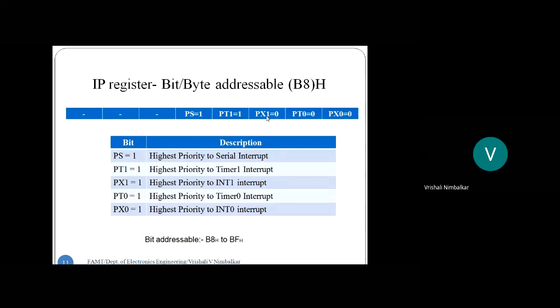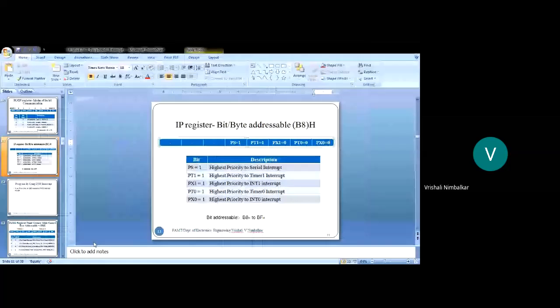And the remaining will follow the default. Out of the remaining, who has the highest? Int 0, timer 0, and then int 1. So the new priority status will be timer 1 first, serial communication second, int 0 third, timer 0 fourth, and int 1 fifth.